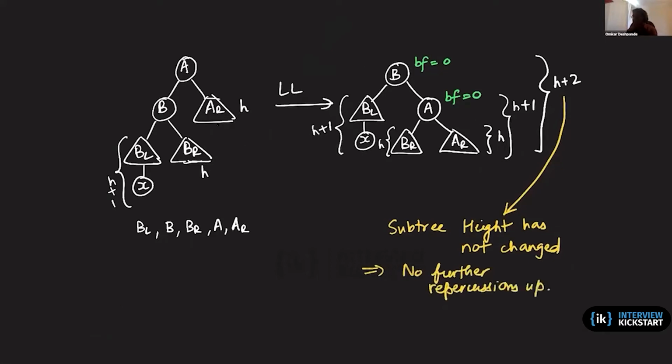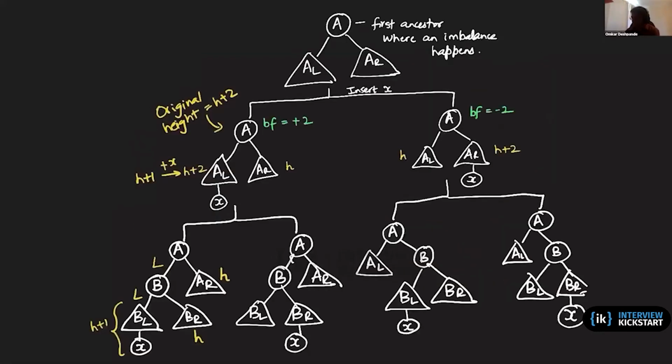So after a single LL rotation, balance will be restored and we won't need to do anything. Any questions on this? This was a general ancestor A, the first ancestor where we see a violation. We do an LL rotation and we can stop there.